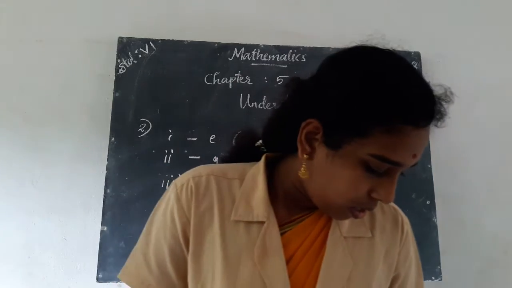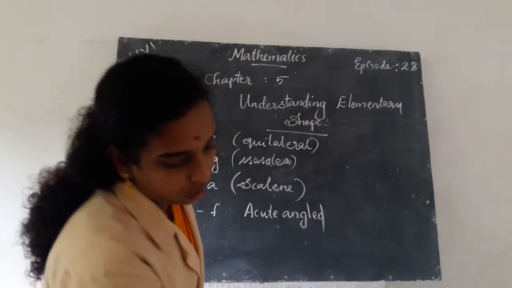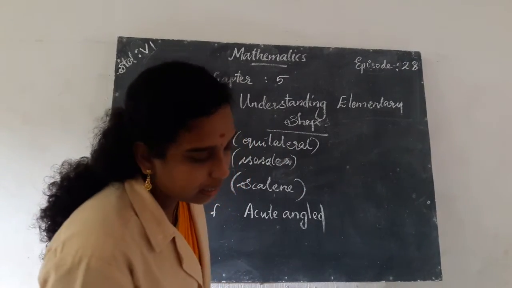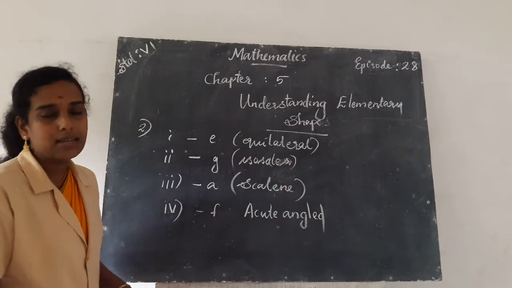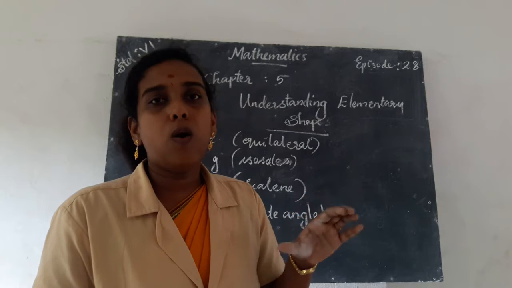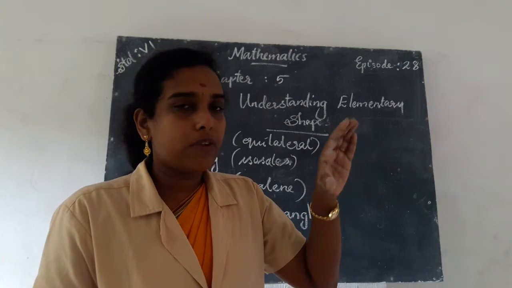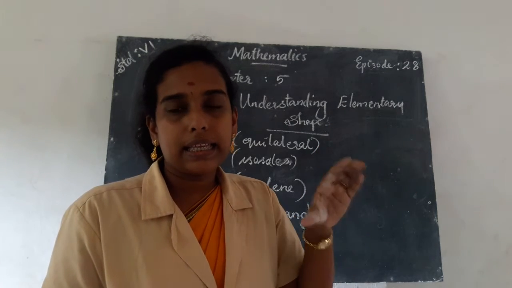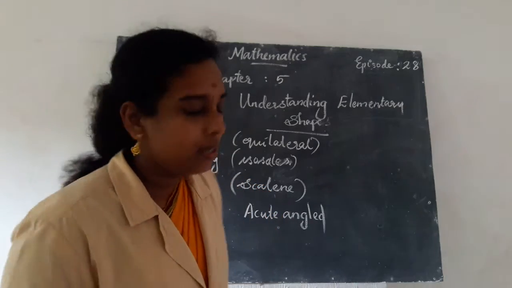Then the fifth one, right angle, means it's a right angled triangle. If any one of the angles of a triangle is a right angle, equal to 90 degrees, then it is said to be a right angled triangle.